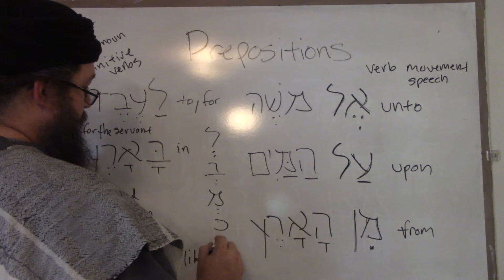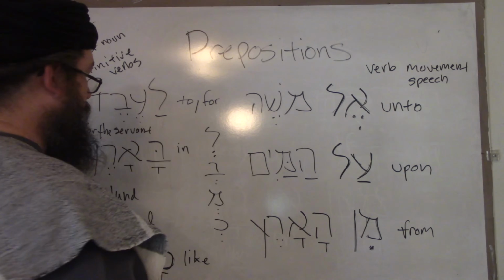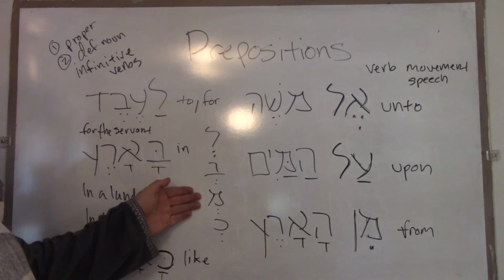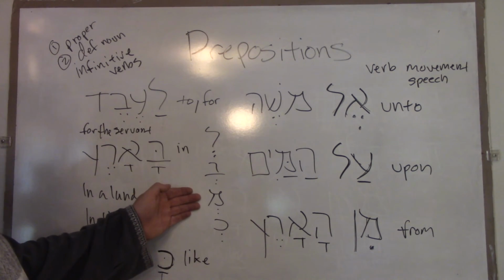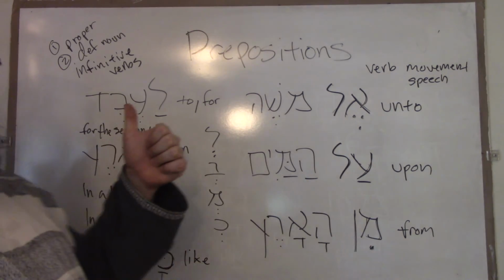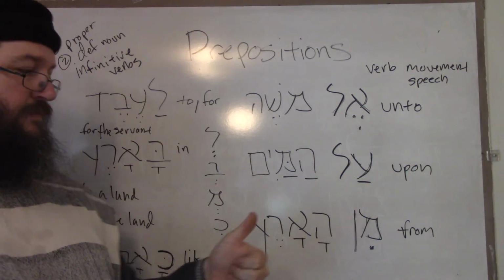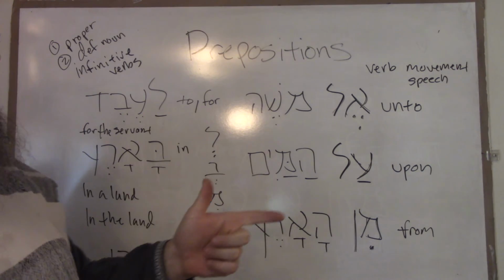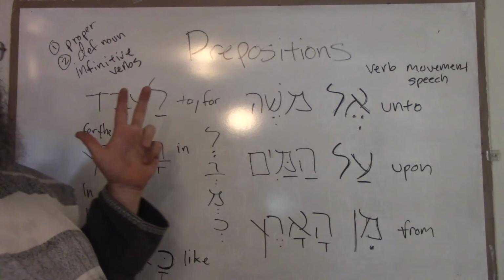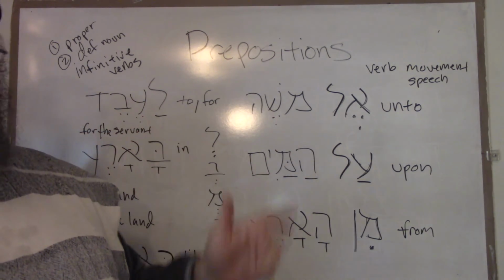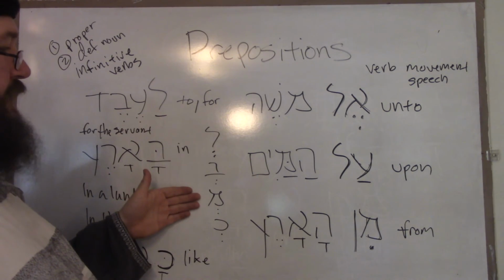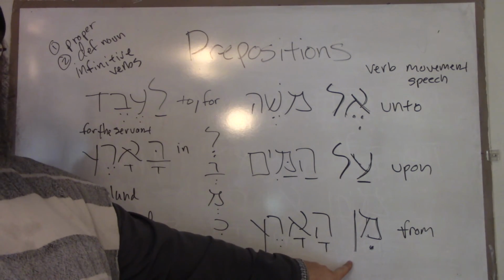When we're dealing with these prepositions, we remember that if lamed, bet, mem, and kaf are used, we have to remember the laws for mem. These are only going to be utilized with a definite noun, a noun with a pronoun ending, or with an indefinite noun. If it has a definite article, we have to switch to this use.